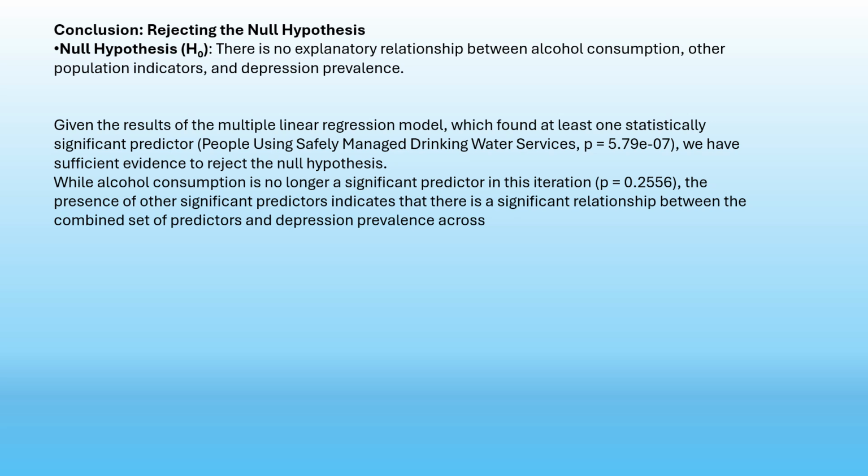Given the results of the multiple linear regression model, which found at least one significant predictor, people having access to safely managed drinking water, and also from our Spearman correlations, we have to reject the null hypothesis because our p-value indicated a strong relationship there. And so while alcohol consumption is no longer a significant predictor in this iteration of my study, the presence of other significant predictors indicates that there is a significant relationship between this combined set of predictors and depression prevalence across countries' populations.